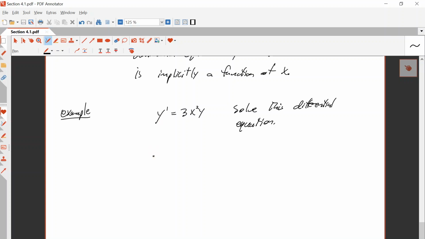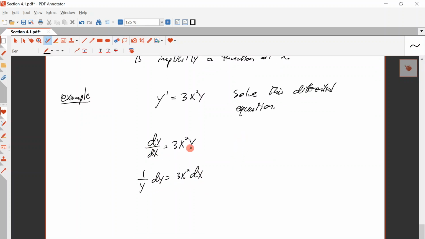So this is dy dx, the y prime, and this is 3x squared y. So 1 over y dy is equal to 3x squared dx. Move the dx over here, the y over here. Now we can take antiderivatives of both sides. This is the natural log of y, and this is x to the third plus c. No need to put a plus c over here because you can always just move it over to here.